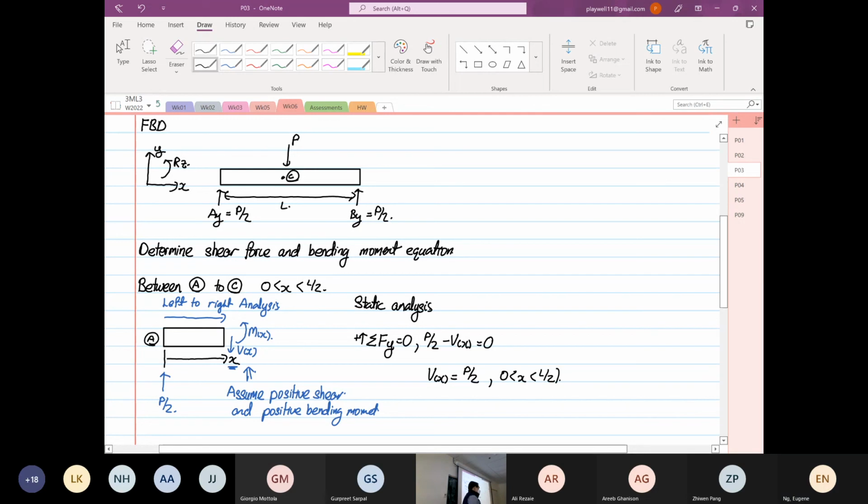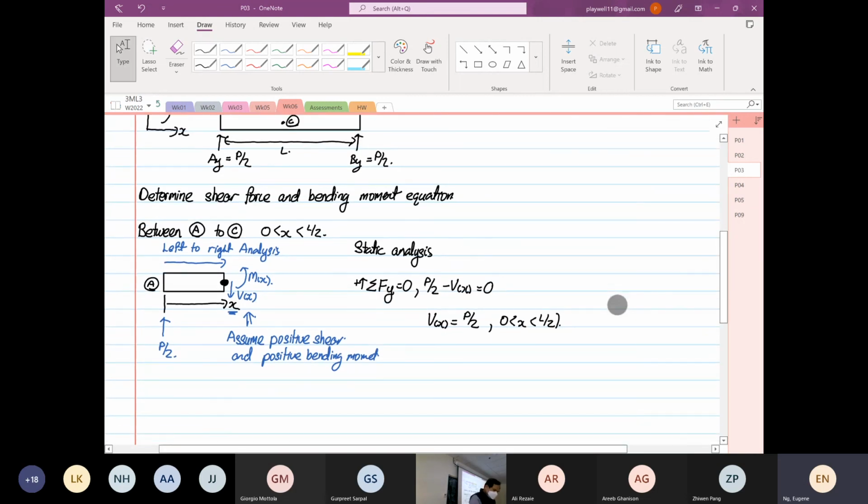Okay. Next, we are going to take moment now. Okay. We are going to take moment at the dot that I'm going to draw. Okay, the dot that I draw is where we're going to take our moment. Why? Because the moment is dependent on the x magnitude. I repeat again, the moment is dependent on the x magnitude.